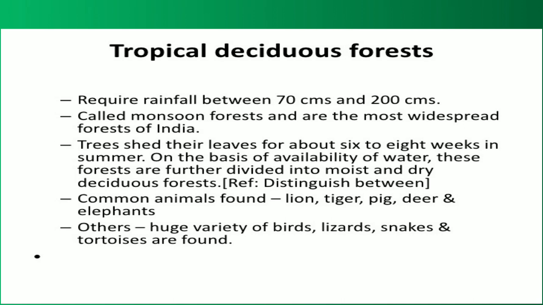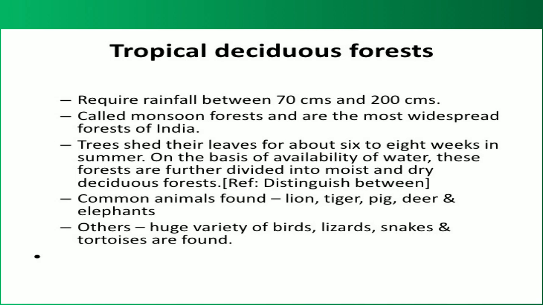We are talking here about the tropical deciduous forest, and these forests are divided into two parts. First, the moist deciduous forest, and second, the dry deciduous forest. So let us see.